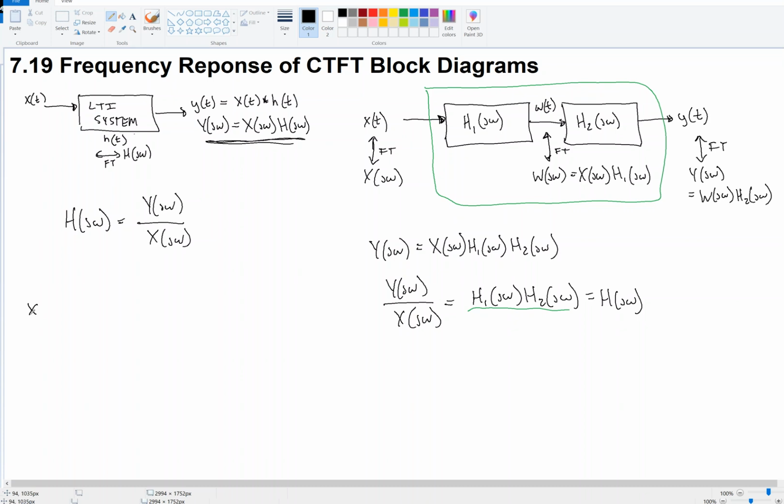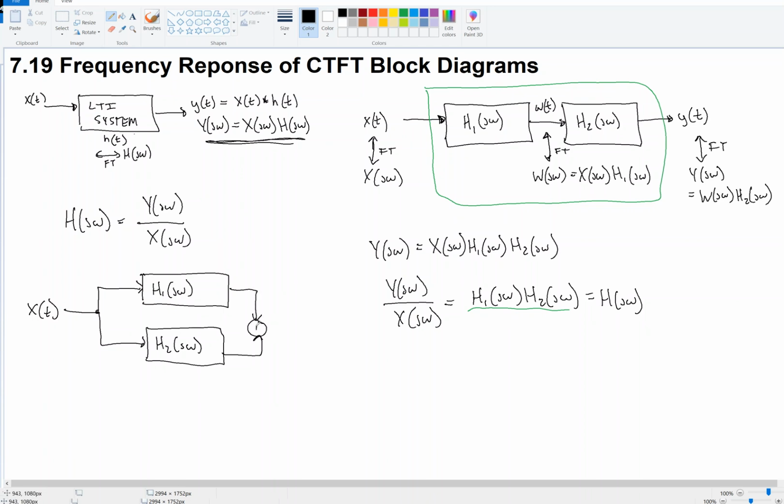So let's say we have x of t coming in, and then we have a linear time invariant system, H1 of j omega there, and a linear time invariant system, H2 of j omega here, and then their outputs are added together to get the total output.